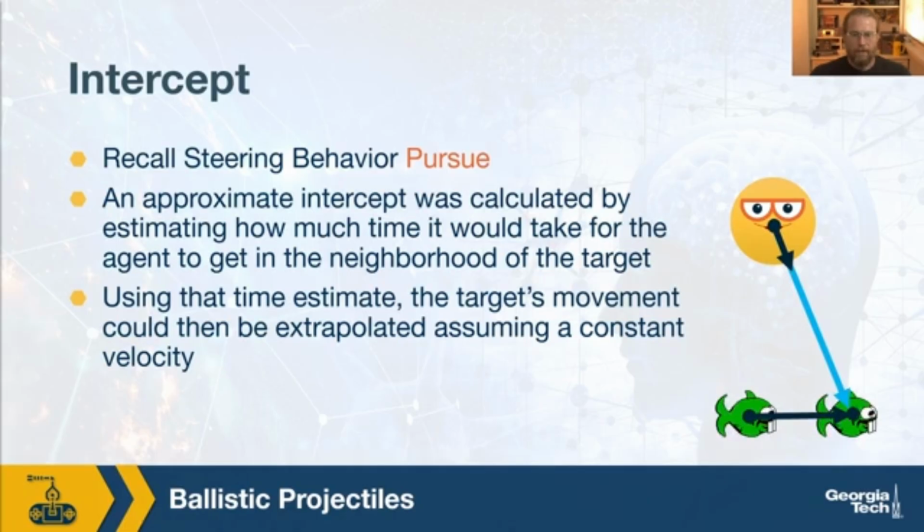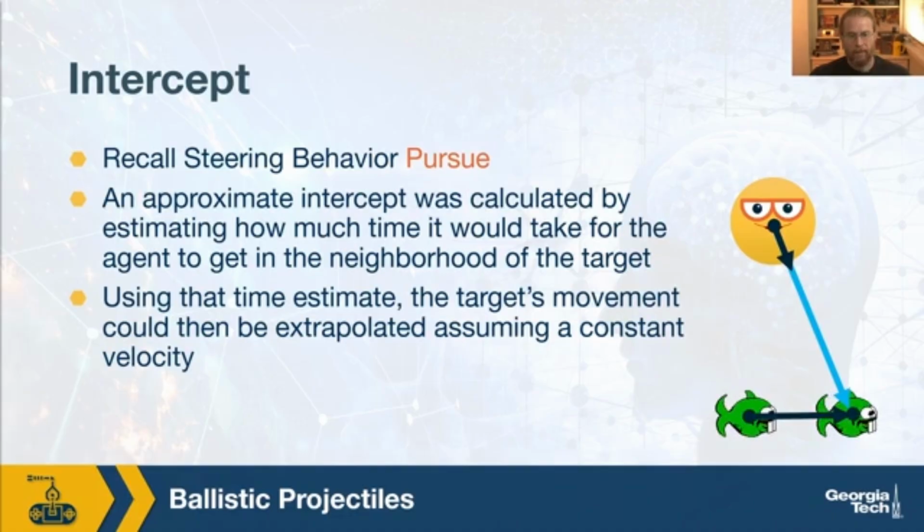We've tackled this problem to some degree before. You may recall from the steering behavior lecture, we introduced pursue. Pursue was a predictive seek, trying to find the right path to get our agent to a moving target.